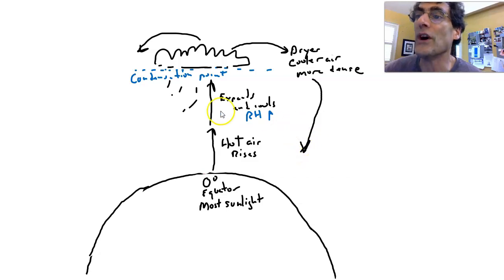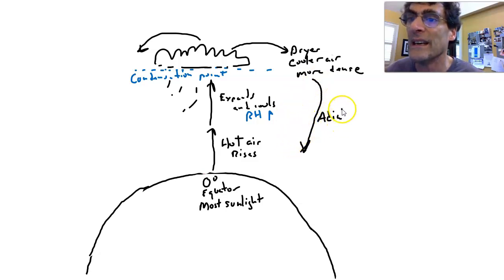Okay, so the RH goes up when the air goes up, because our air is getting cooler and cooler, and it's expanding and therefore getting colder. Here, what's going to happen to the air? Well, the air is going to get warmer and warmer, because it's going through air that has higher pressure, so it's going to contract and do exactly the opposite of adiabatic cooling, and so we're going to get adiabatic heating.